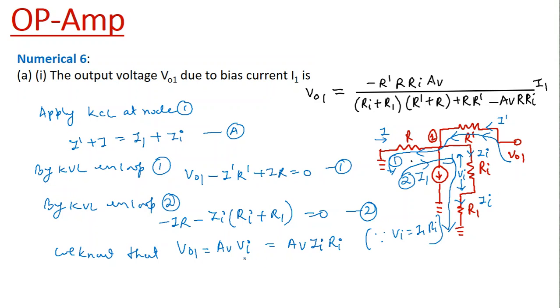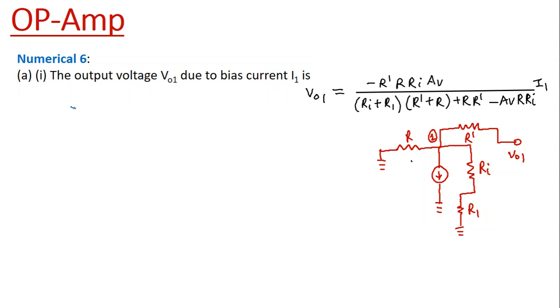This is the equation of VO1. From this equation we find II: II will be equal to VO1 divided by AV Ri. This is our equation number X.